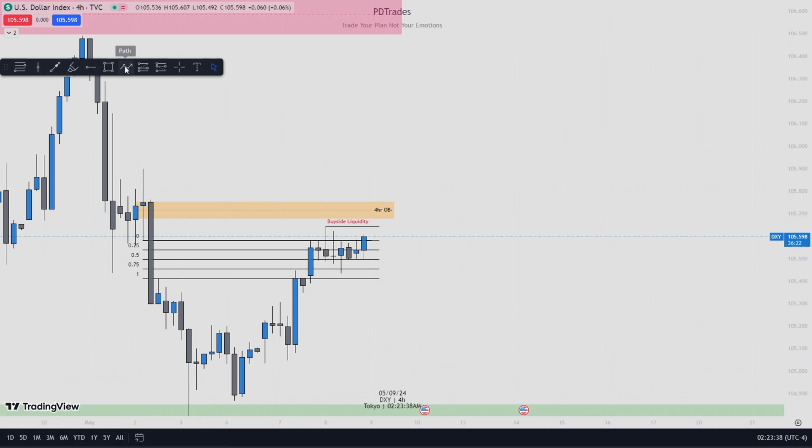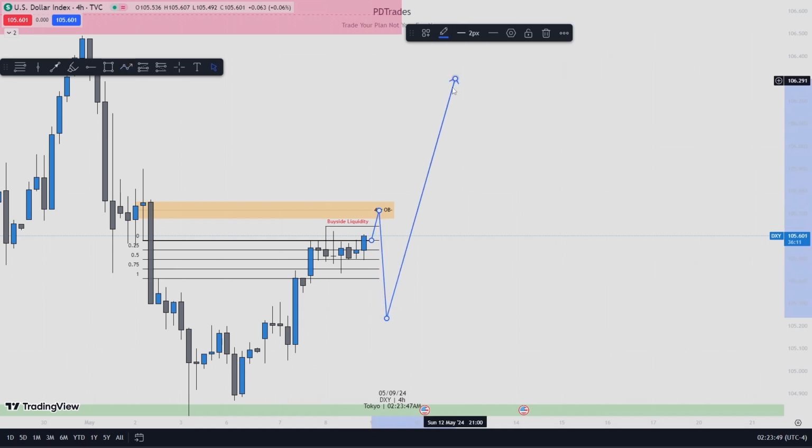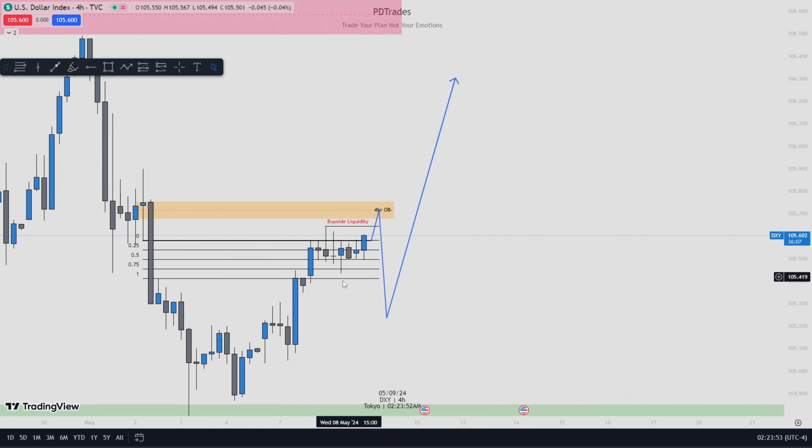I'm not saying it, I'm just saying if before 8:30 price reaches the 4-hour, comes to rebalance here, then continues pushing to the buy side, taking out liquidity here, and also rebalancing this imbalance, using it as a support to continue with the buying program. I don't know if you understand.